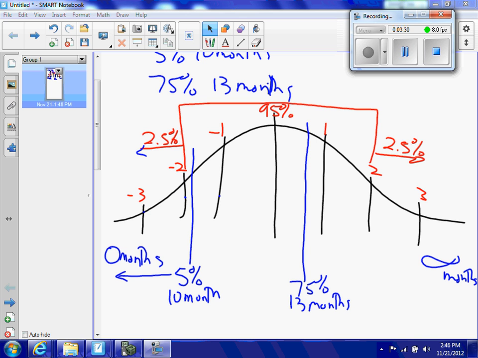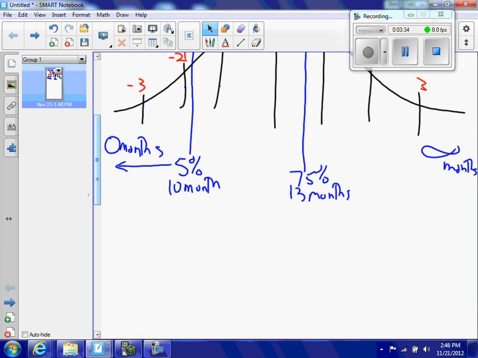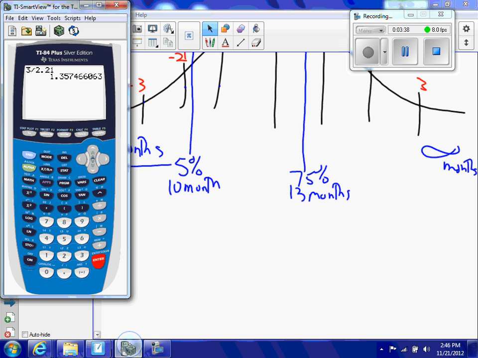Well, let's do a little bit of work with z-scores. See if that'll help us out at all. When I have a percentile, I can get a z-score. My z-score for 5%, I'm going to go second, distribution, 3, inverse norm. I'm going to put in 0.05.